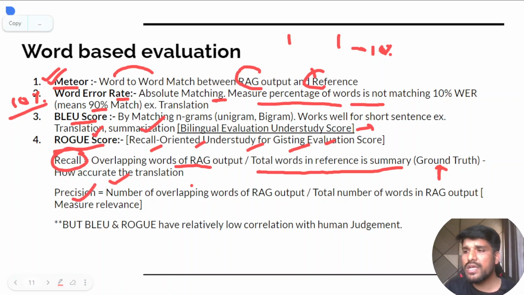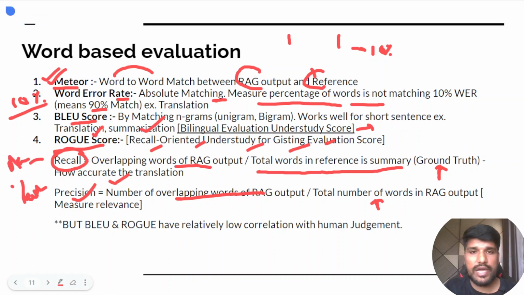Similarly, in precision, it takes the number of overlapping words of the RAG output divided by the total number of words in the RAG output. So precision checks the relevancy, and recall checks the accuracy. This is how the ROUGE score is helpful.